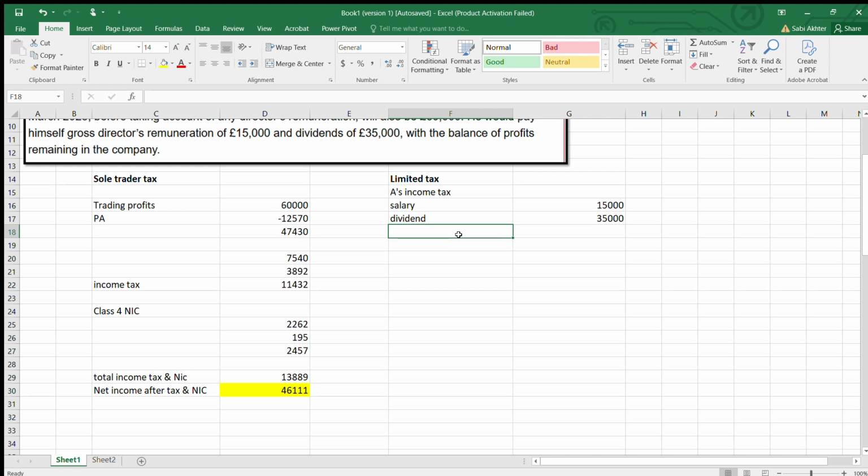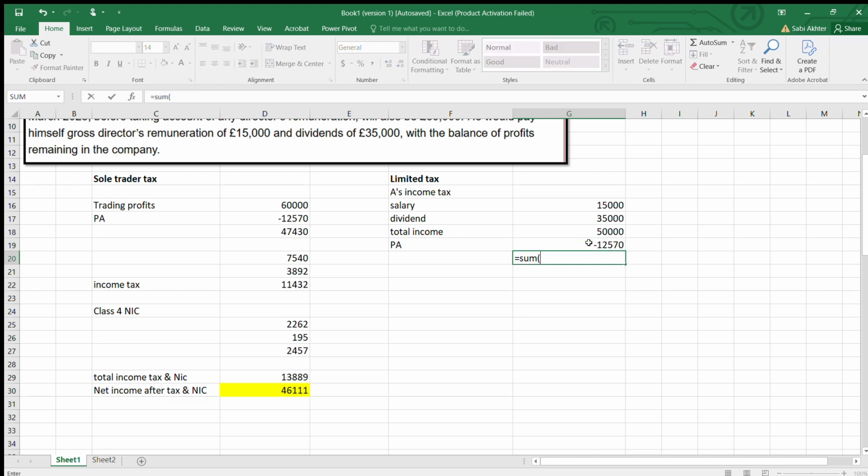Now the total income, sum function, is 50. So here now you have to deduct your personal allowance. Total income is less than 100, so full personal allowance you will get. That we are going to do sum function.